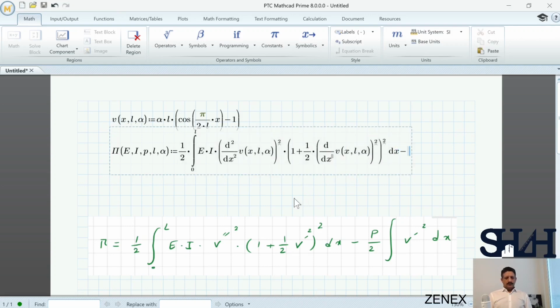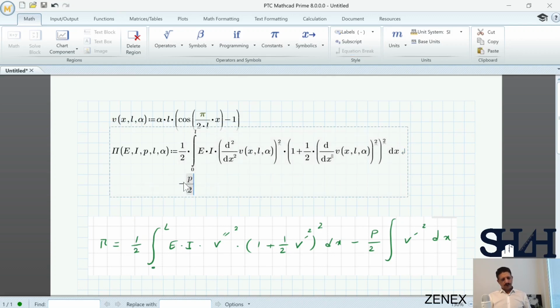Now, if I continue writing, perhaps I go to the next page, adjacent to this page. If you don't like it, you can just select the minus sign and then Control Shift and Enter. It will go directly to the next line.